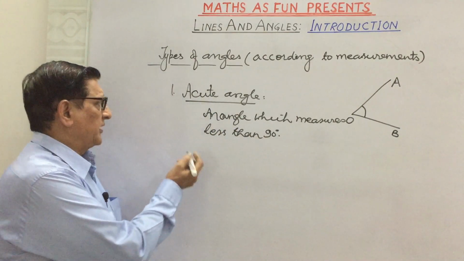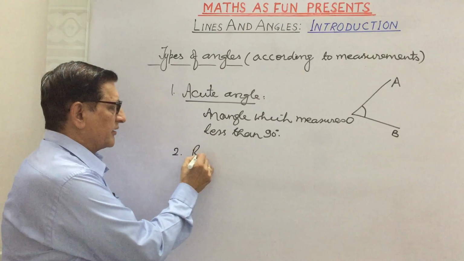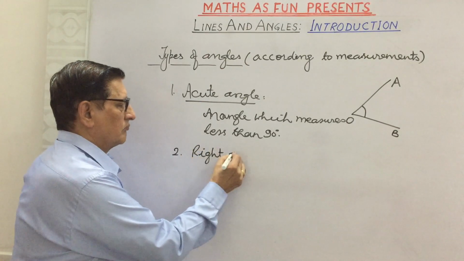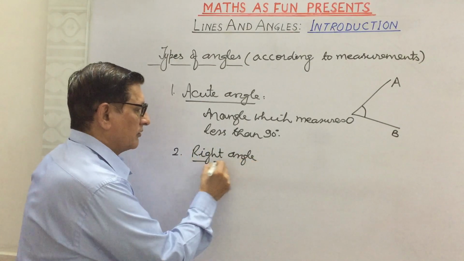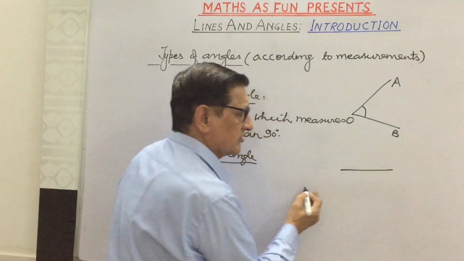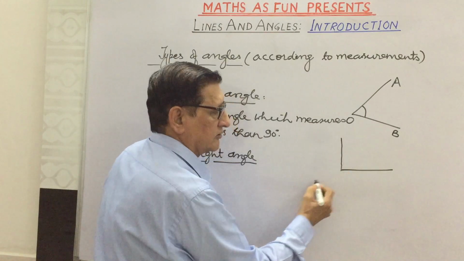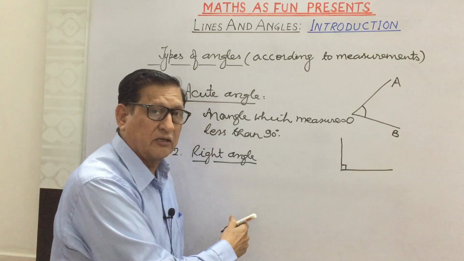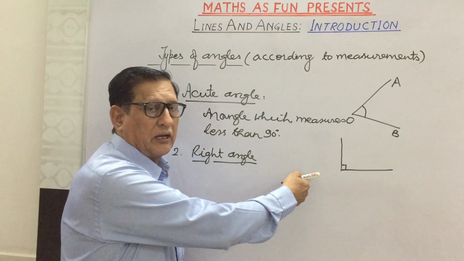The second type is right angle. It is an angle of 90 degrees. We say a horizontal line and a vertical line form an angle of 90 degrees, and that is called a right angle.